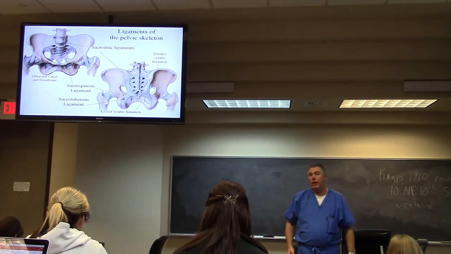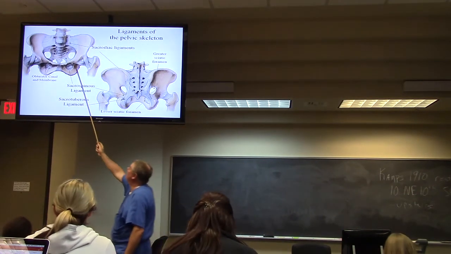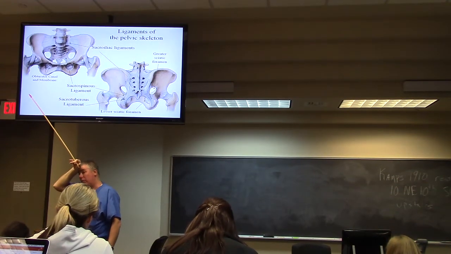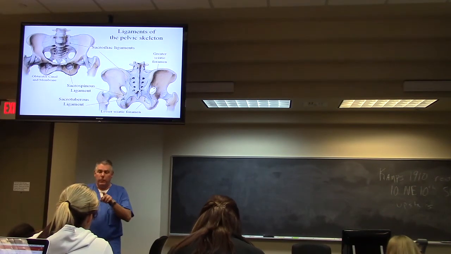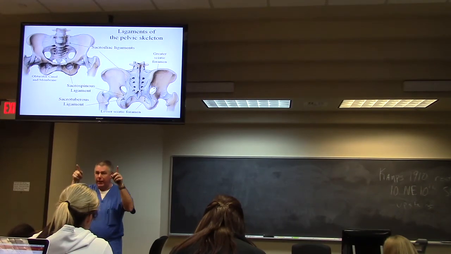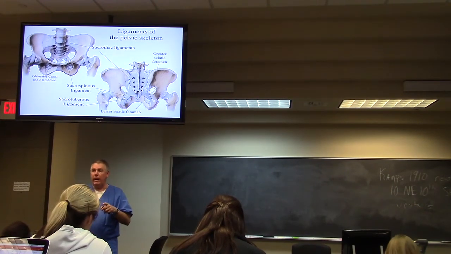The ligaments of the pelvis: you have a very strong ligamentous attachment between the ala and the sacrum. This articulation you can see on an x-ray. It's very easy to see the SI joints on an x-ray.